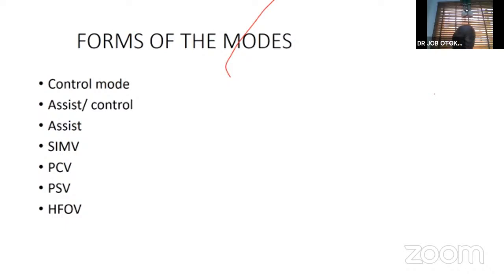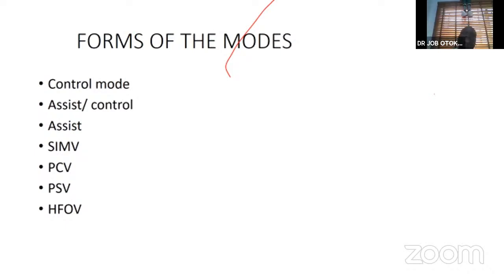Let me not confuse anyone. Control mode means that the ventilator is taking full control of everything. It initiates the breaths, it terminates the breaths. The patient has no role to play in a control mode. So you can see some control modes like the continuous mandatory ventilation or our popular IPPV, in which you set the patient on the ventilator and the machine just delivers it.